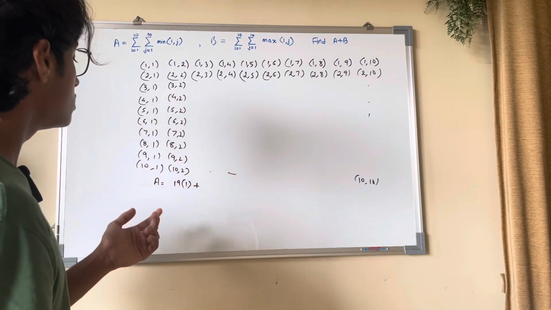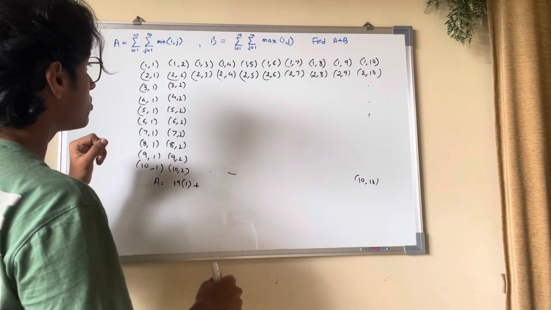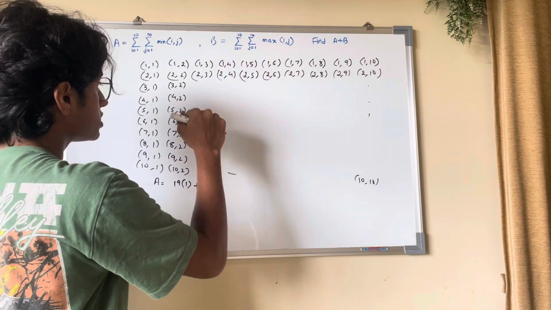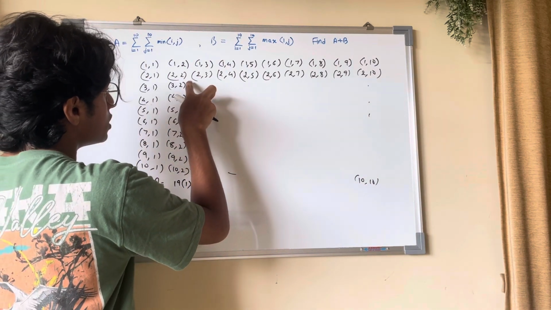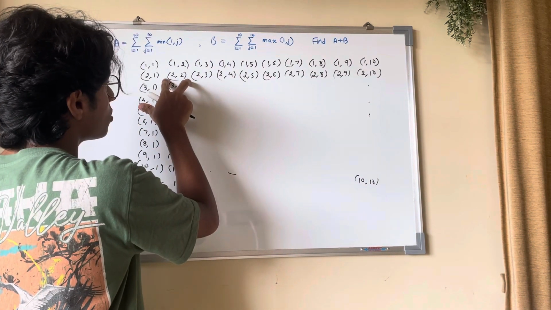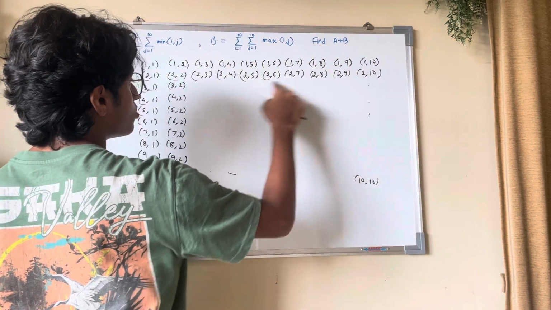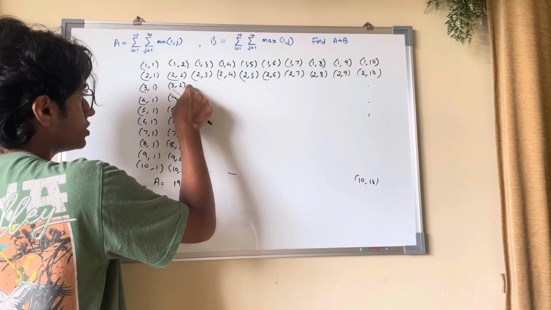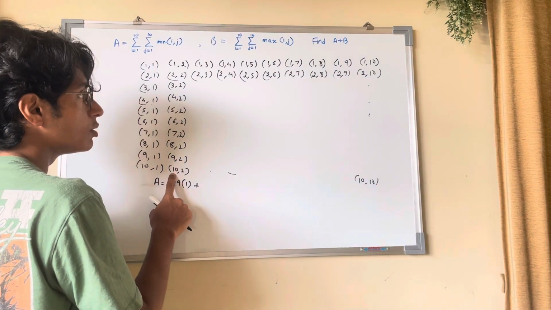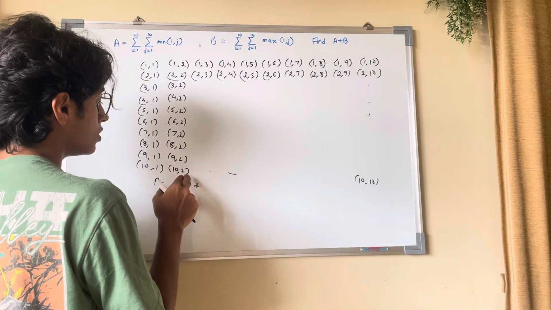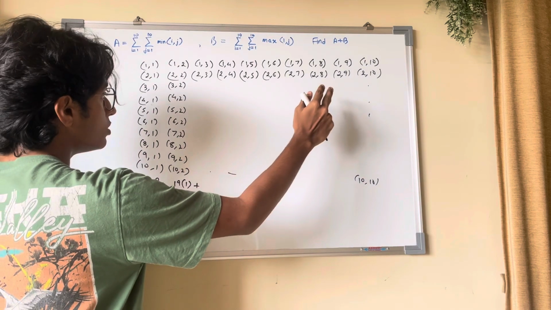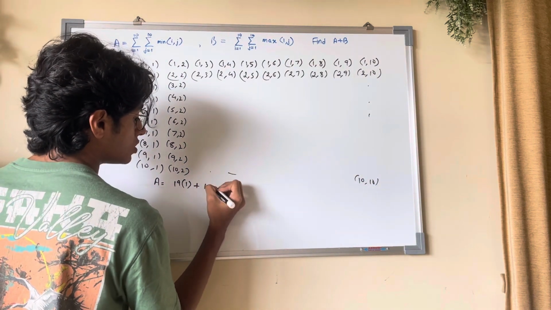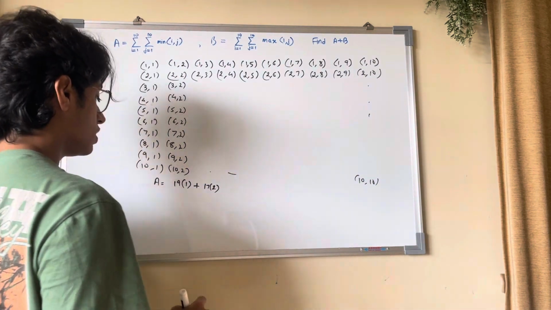Now let's move forward to the second row and the second column. In this row, from 2 comma 2 till 2 comma 10, the minimum will always be 2. And the same here from 3 comma 2 to 10 comma 2, the minimum will be 2. If we count each of these elements, we get that 2 is the minimum 17 times.